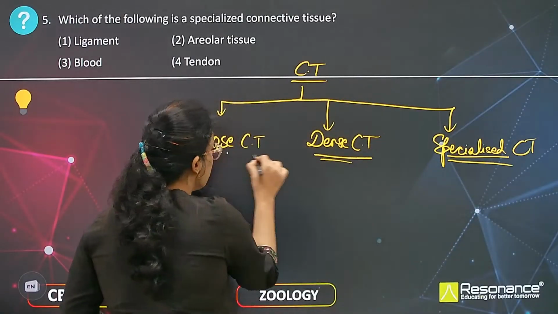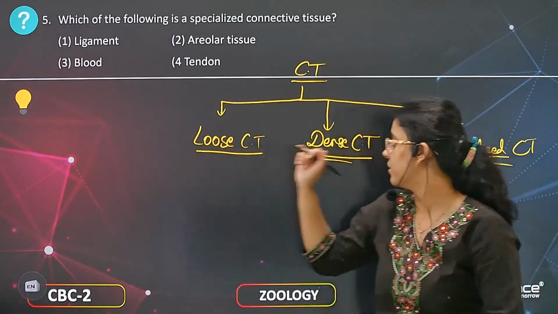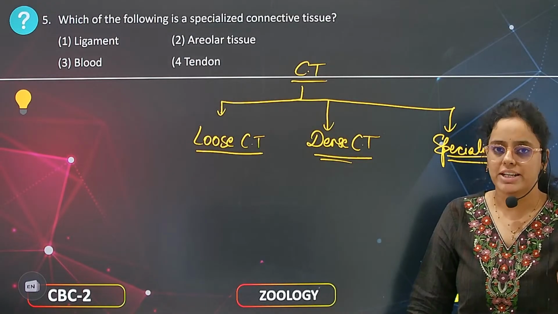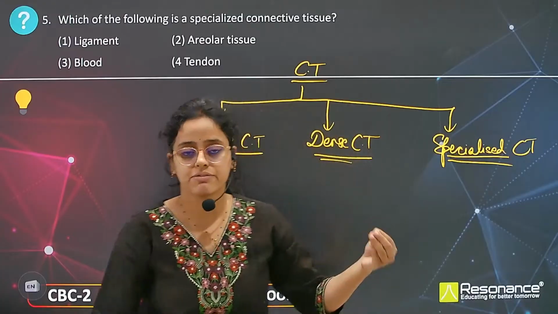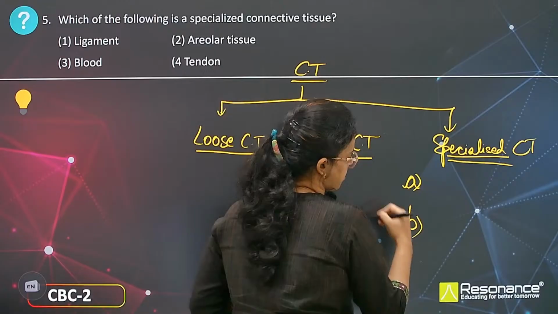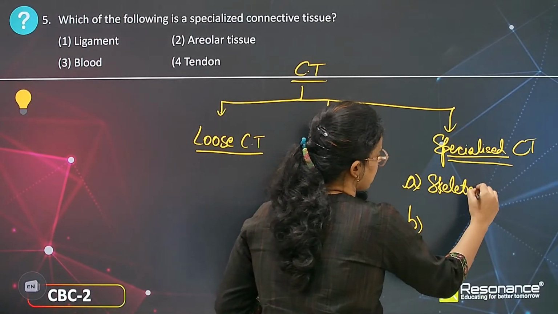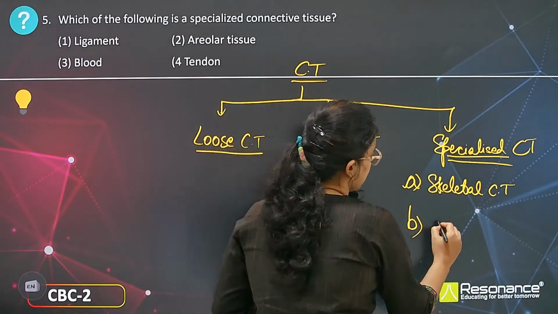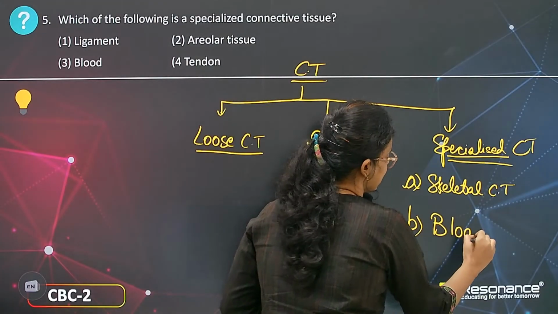The examples of loose connective tissue: areolar tissue, adipose tissue. Very good. Examples of dense connective tissue: white fibrous tissue and yellow fibrous tissue. Coming to specialized connective tissue, here we have two types: skeletal connective tissue and fluid connective tissue, that is blood and lymph.